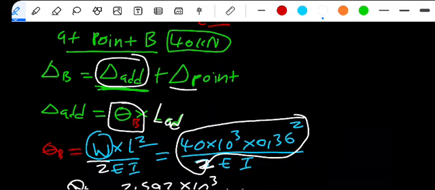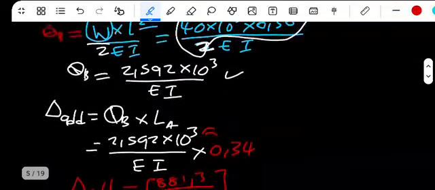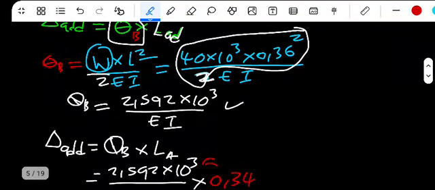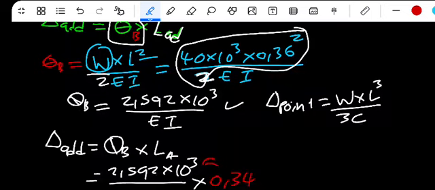Now let us check the deflection due to the point load. Remember, we are working under point B. Let me work it out here on this space. The deflection due to the point load at B is W multiplied by L cubed divided by 3EI.